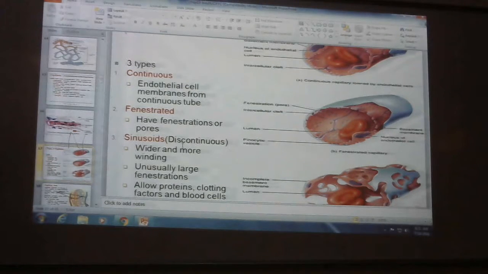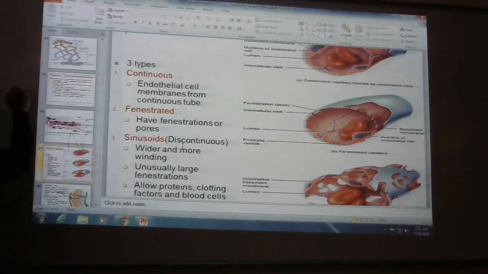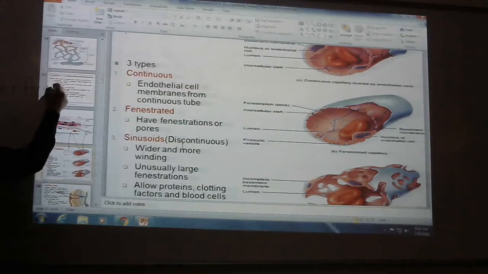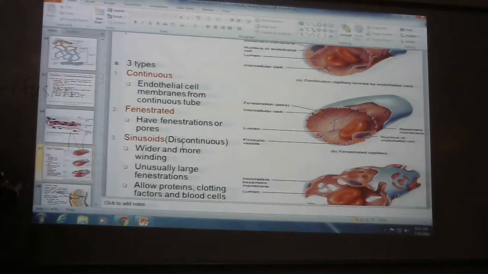So the main job, knowing that this is the third type of blood vessel, we should remember that the job of the cardiovascular system really is what you call perfusion. I think you know what this means, right?